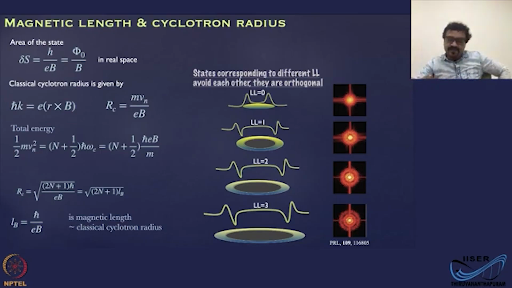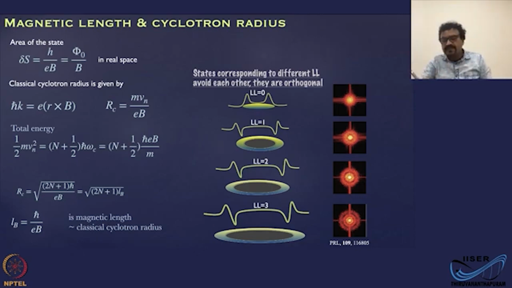Of course, in real space, this spread will be inversely proportional to B, and in k space it will be more. When the field is low, it's a larger radius. When the field is higher, the radius will start reducing.